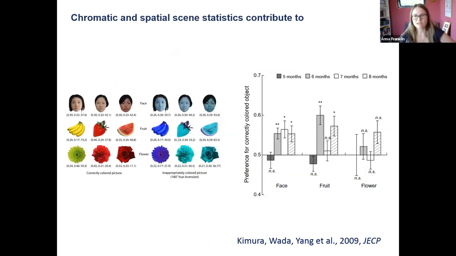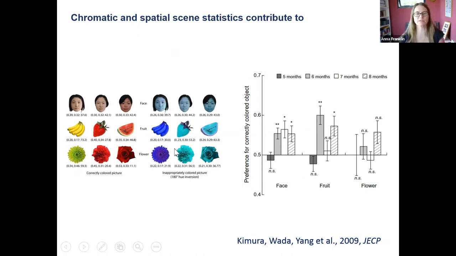There's also evidence that by 6 months, infants are aware of the colour of objects and that they have a sense of the colour that objects typically arise in. So, for example, in this study by Kimura and colleagues, they paired objects either in the correct colour or the inverted colour.